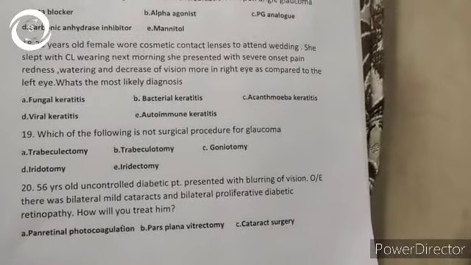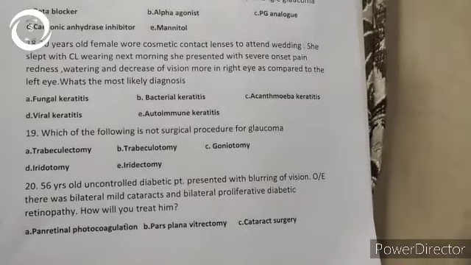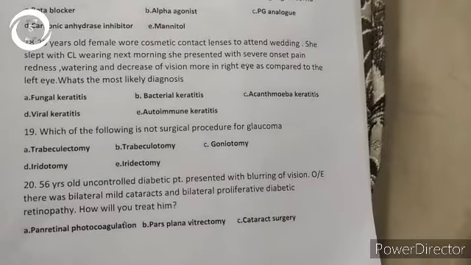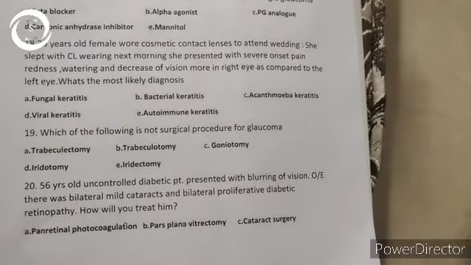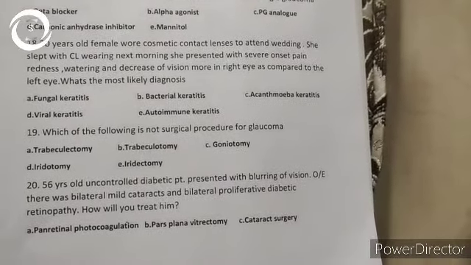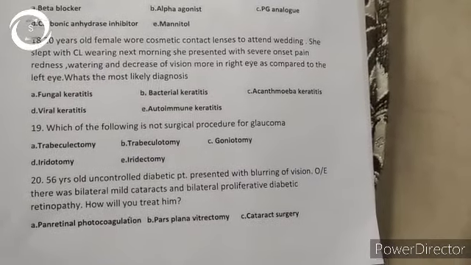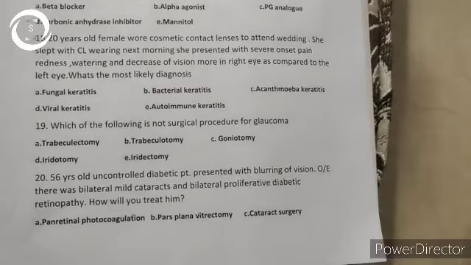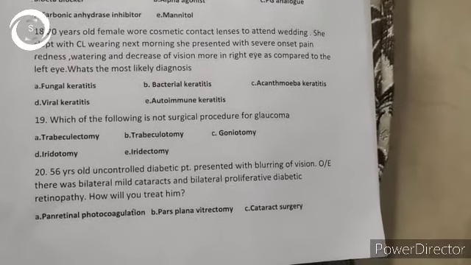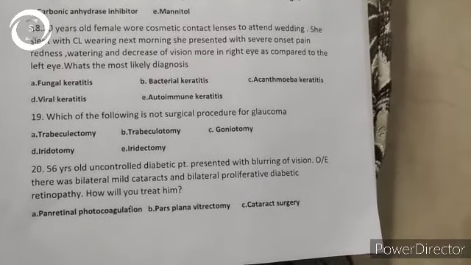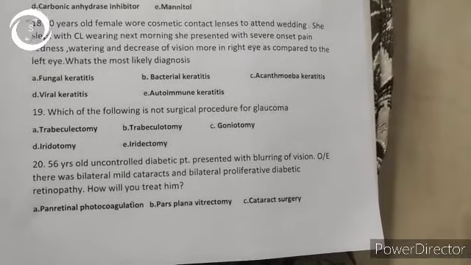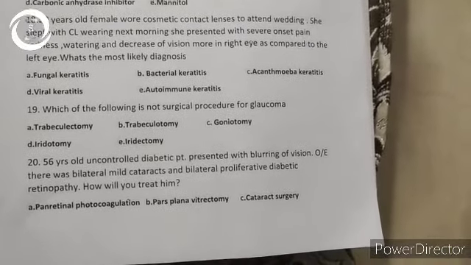So we have two options left: bacterial keratitis, B, and C, acanthamoeba. Both, especially pseudomonas keratitis, are also associated with contact lens wear, but severe pain will occur in acanthamoeba, so we should click C in that. But it's a little bit confusing.